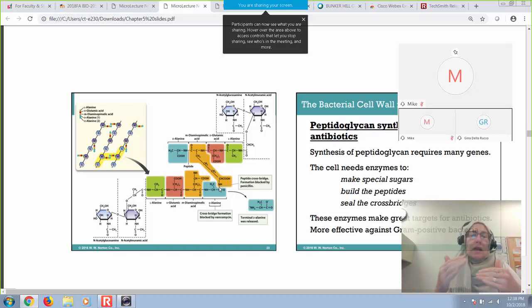But once it's unable to covalently link those many layers, the cell wall weakens, and then the water will cause turgor pressure that will burst the cell membrane that's underlying that cell wall and kill the cell. And that's how you're cured of a bacterial infection with the treatment of penicillin.